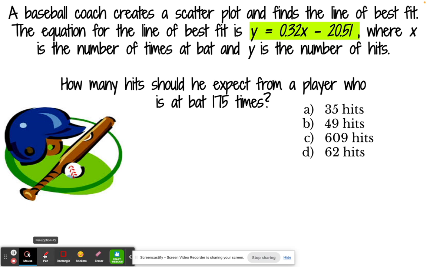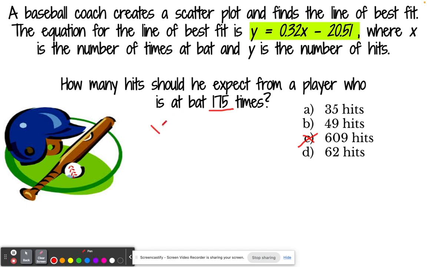Well, let's think about our possibilities here. First of all, if you're at bat 175 times, are you going to get more than 175 hits? No, that would not make sense. We can cross off C. We know that's not right. Use your logic. See what you know.